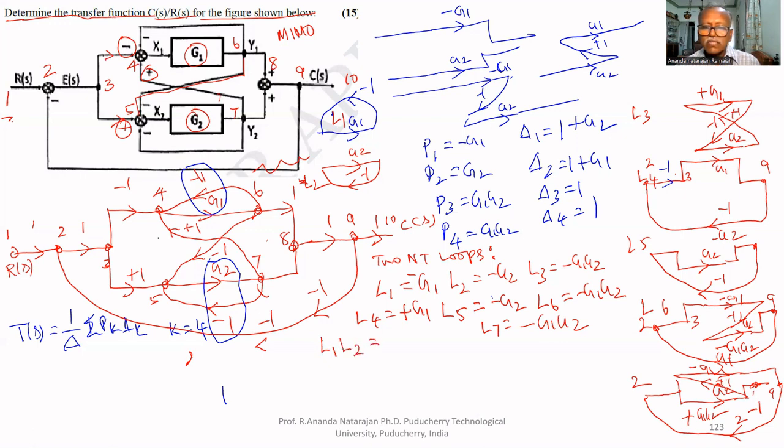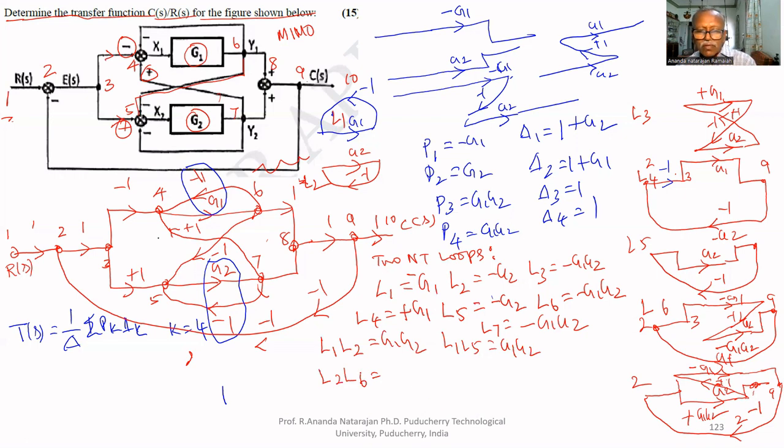L1 and L2 are not touching each other. Therefore, G1 G2. L1 and L5 are not touching each other. L5 equals minus G2. L1 is minus G1. Therefore, L1 L5 equals G1 G2 again.